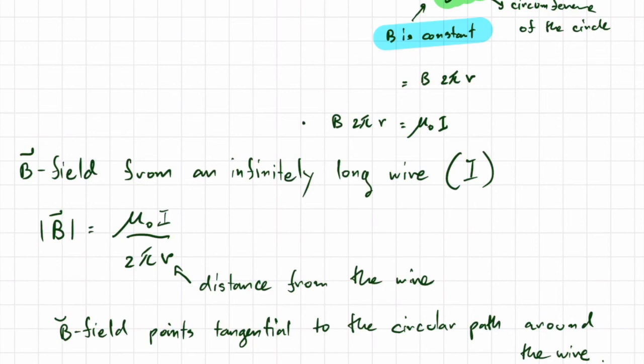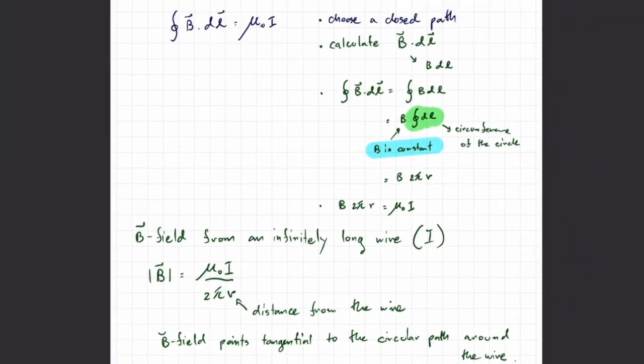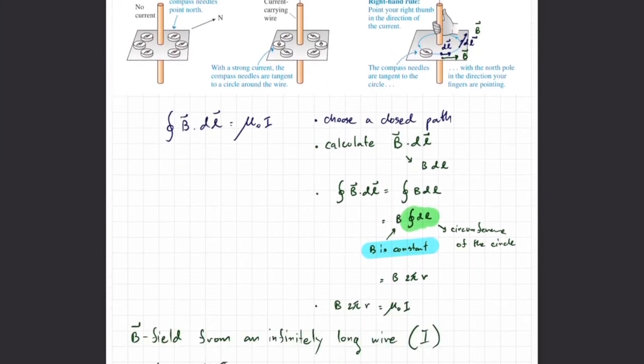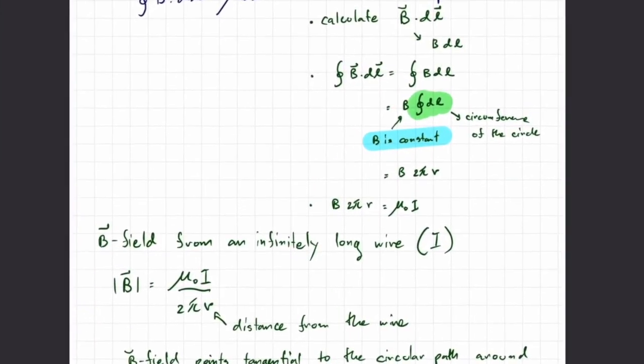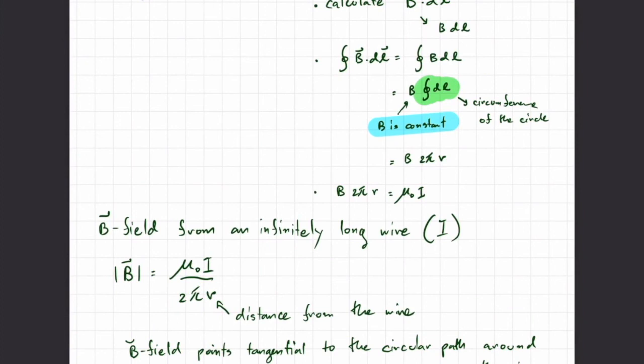So you can see that Ampere's law is very easy in this case. It tells you the magnitude of the magnetic field, which is inversely proportional to how far away from the wire, as 1 over r. Okay, and the direction you have to use the right hand rule to figure out. Okay, so this is probably the most important application of Ampere's law.